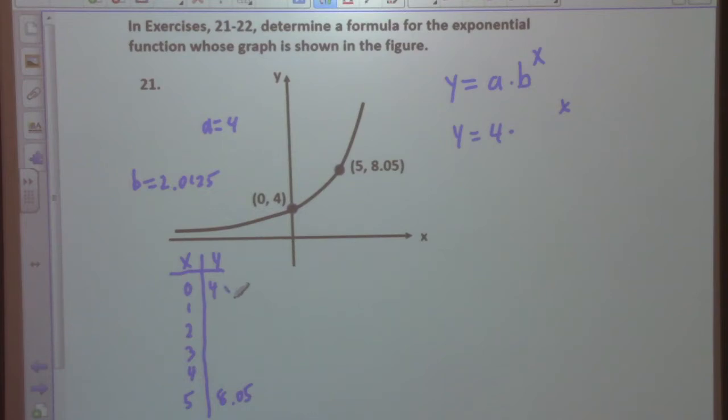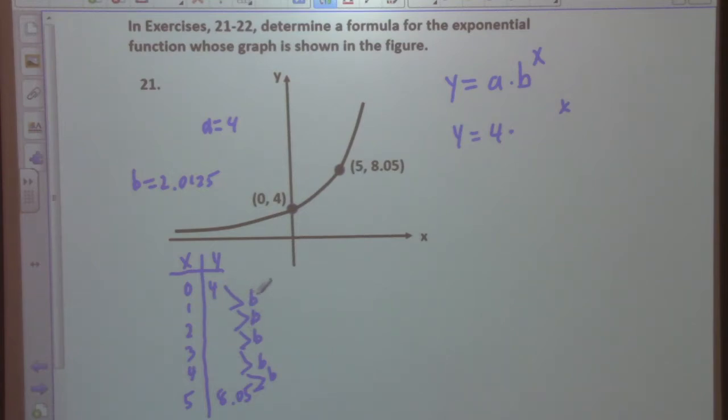The base is the number that you multiply by 4 to get this output, and then multiply again by the same number to get the output at 2, and multiply again here, and here, up to 5. So how many b's do we have here? 5.